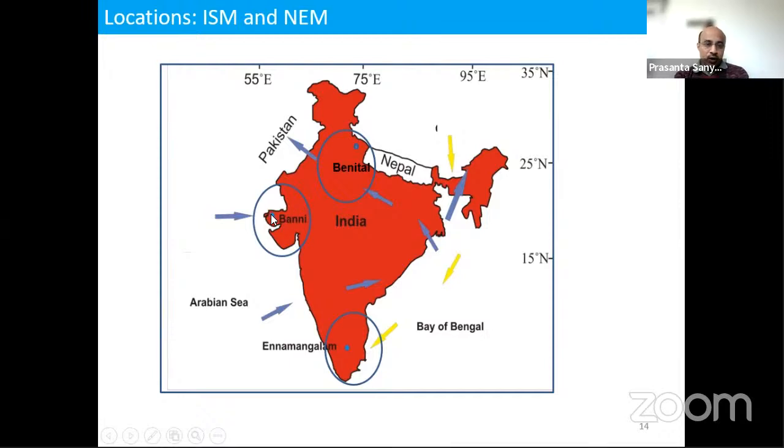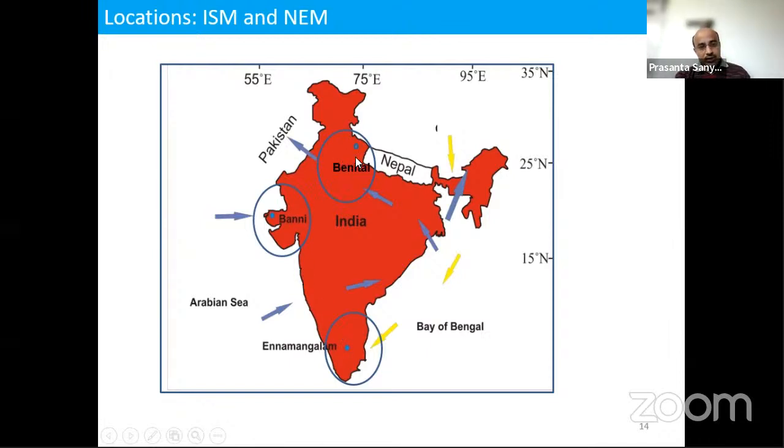We have selected one section from the Banni Grassland in the western part of India, and one lake called Ennamangalam in the southern part of India. Now, the reasons for selecting these three locations are the following.